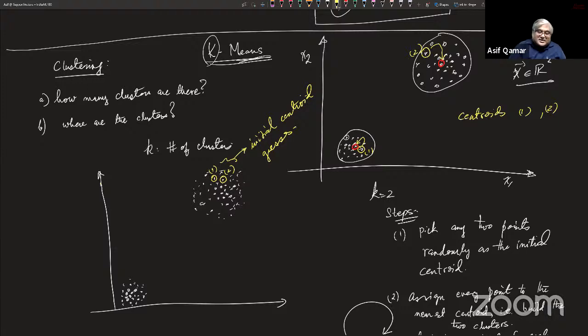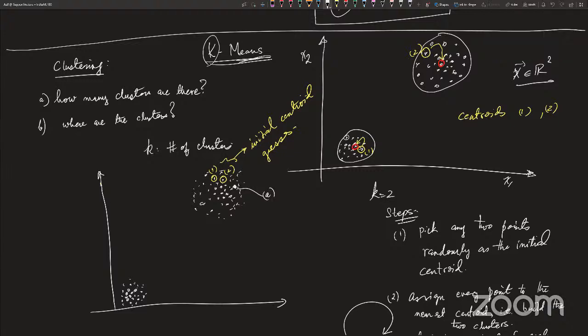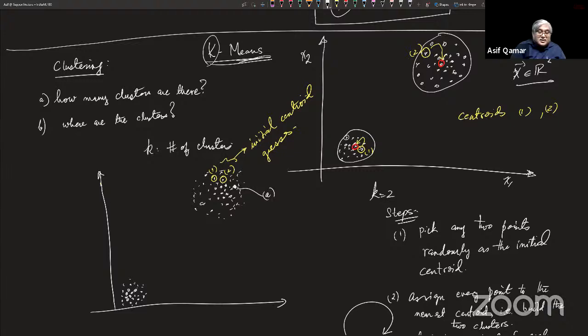So let us take this point where my mouse is. Let me just call it A. Which centroid do you think A belongs to? One or two? Two. What about this point, the one very close to it where my mouse is? This belongs to two. So how about this guy?